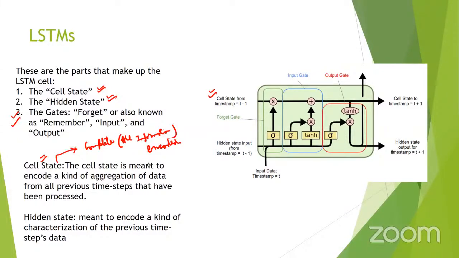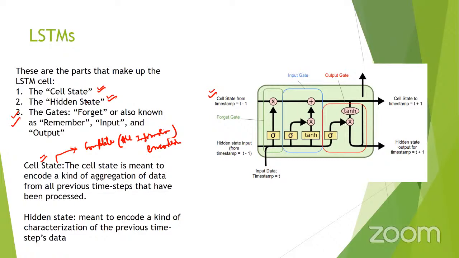This cell state is affected by your different gates, your input gate and forget gate. Because as we go on adding more and more data, we need to decide what data we need to remember from my past and what data we need to forget. That is your forget gate.